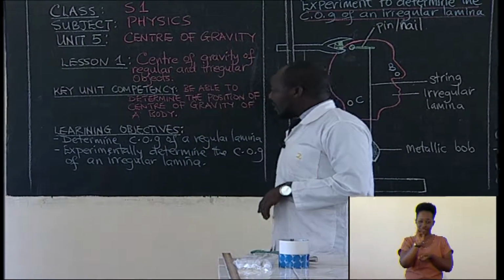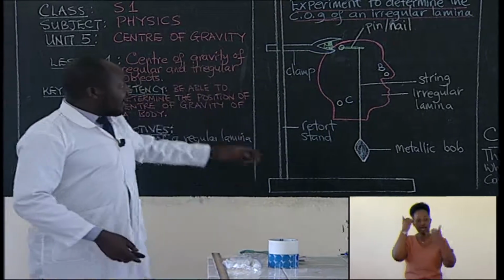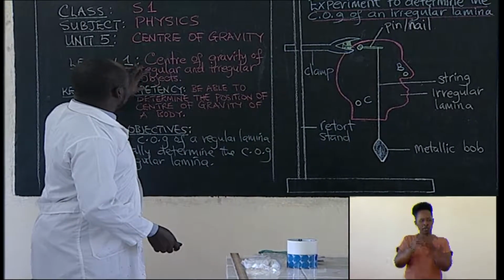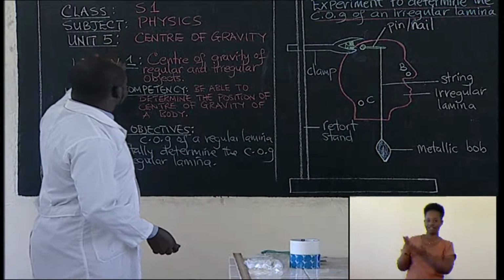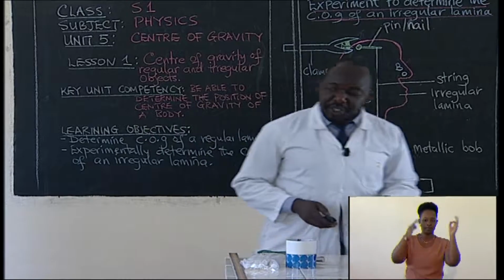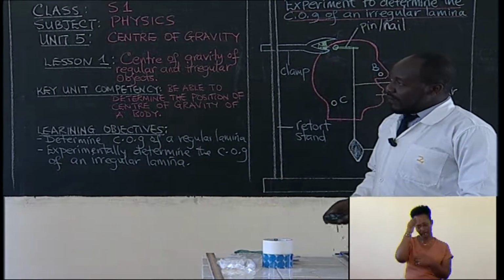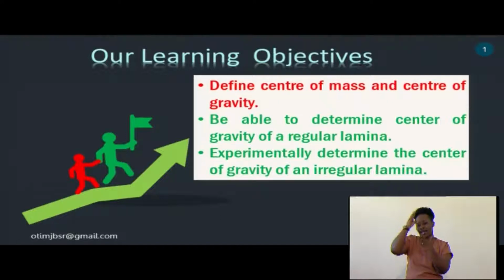Okay, let's move ahead. And as I will be explaining, we shall have all this on the board, like the unit title, lesson, and unit competency. Everything will be on the board so you can check it up. Okay, let's look at learning objectives for today. Our learning objectives for today, we have three, basically.